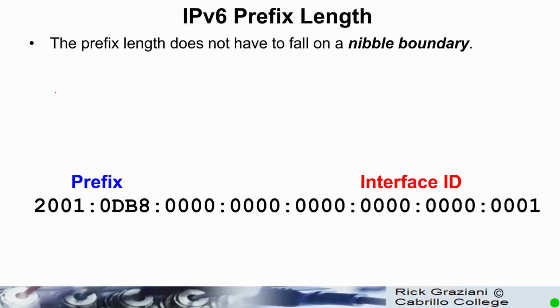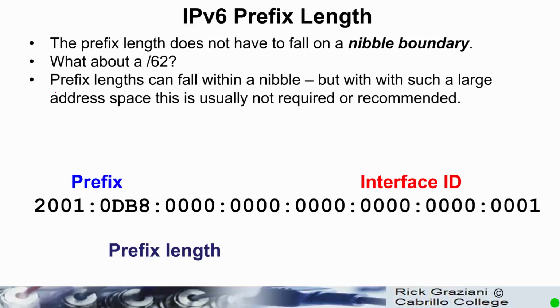Here we have an example of a /60 and /64. But what happens if we went to /62? Well, it would be between. But because of the large address space, we don't have to worry about that. We can stay on those nibble boundaries without an issue, because 62 would fall in between.